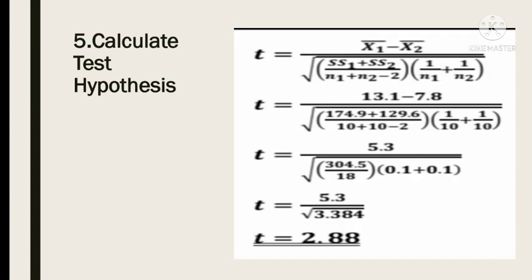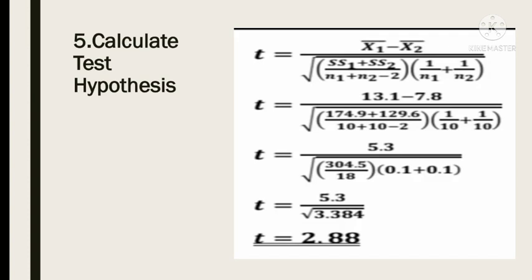That will give us 10 plus 10 minus 2, times 1 over 10 plus 1 over 10, which below is the computed value of the difference between x bar sub 1 minus x bar sub 2, which is 5.3, over the square root of 304.5 over 18 times 0.1 plus 0.1.